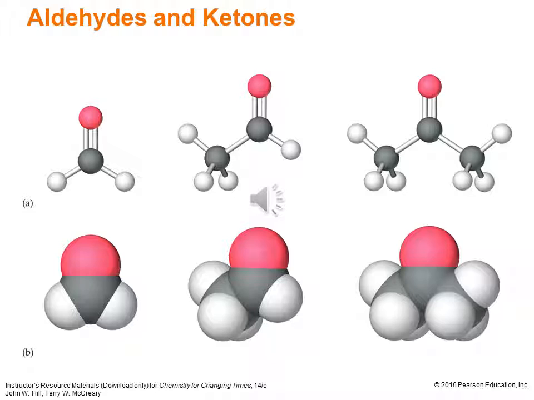That would be a slightly more complicated structure. And then finally, now we see the ketone on the far right. It happens to be the ketone I mentioned, 2-propanone, or as it's more commonly known, acetone. And that has the carbonyl in the center and a symmetrical arrangement of methyl groups on either side.